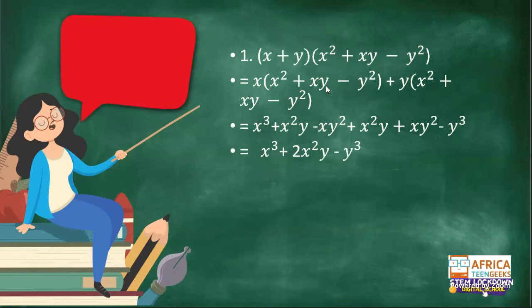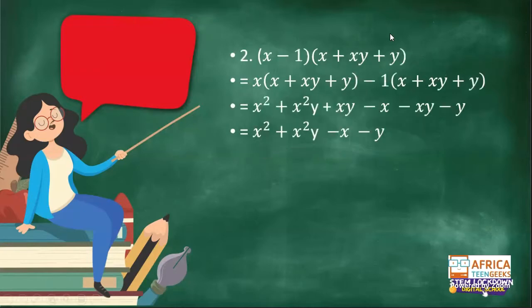And if you look at the second bracket, you can see that we have three terms there. The first term is x squared, followed by xy, followed by y squared, which is negative in this case.